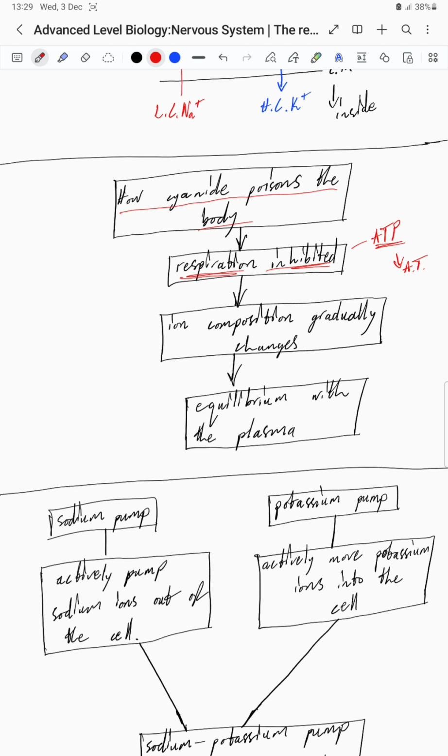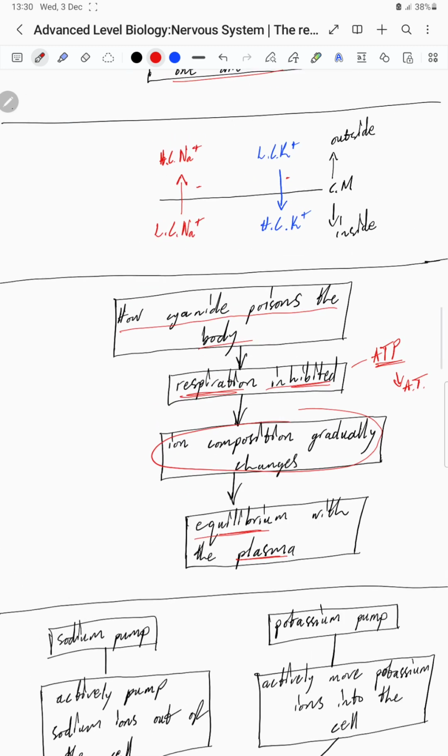So ion composition gradually changes. Then equilibrium happens with the plasma. That means the environment, the outside and the inside, will become equal.